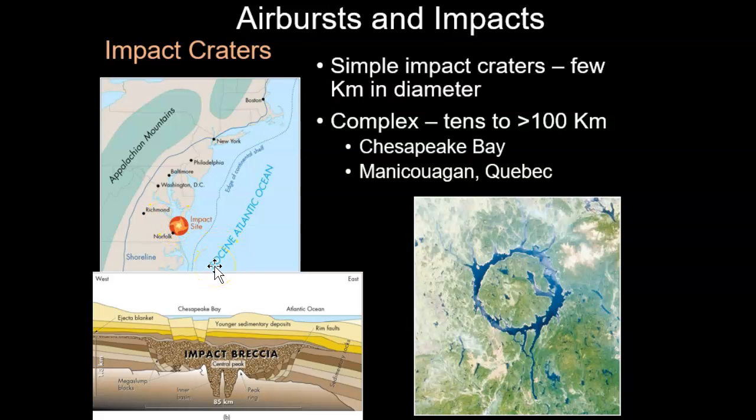So here an asteroid or a comet, we're still a little bit unsure, that was 3 to 5 kilometers in diameter impacted the surface about 35.5 million years ago. This crater is now covered by much younger sedimentary deposits.